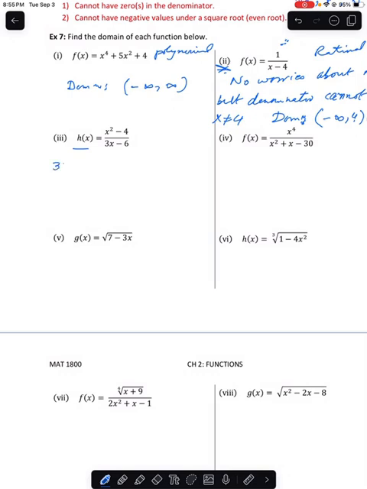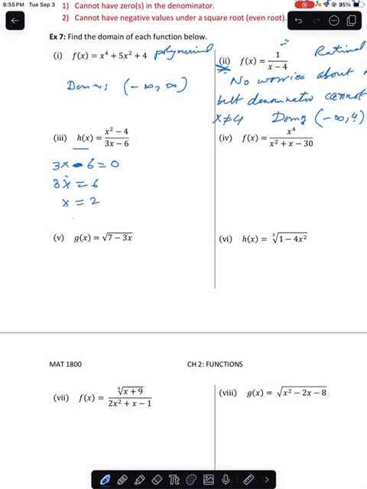Sometimes I suggest that you write it like this. You take your 3x minus 6 and set it equal to 0 and then find what the x value is. So we get 3x is equal to 6, divide by 3, so x is equal to 2. So it means x is not equal to 2.